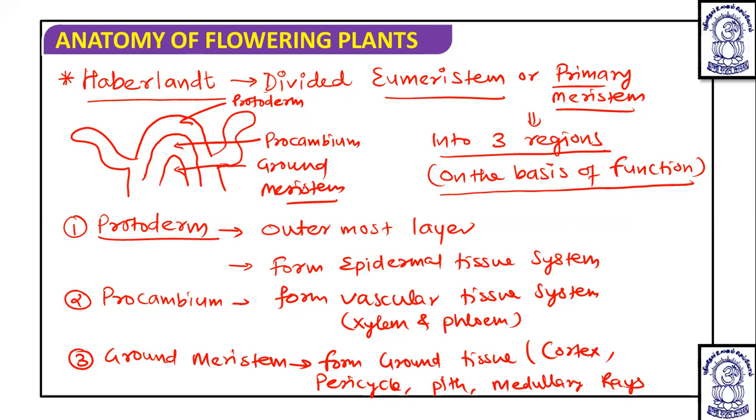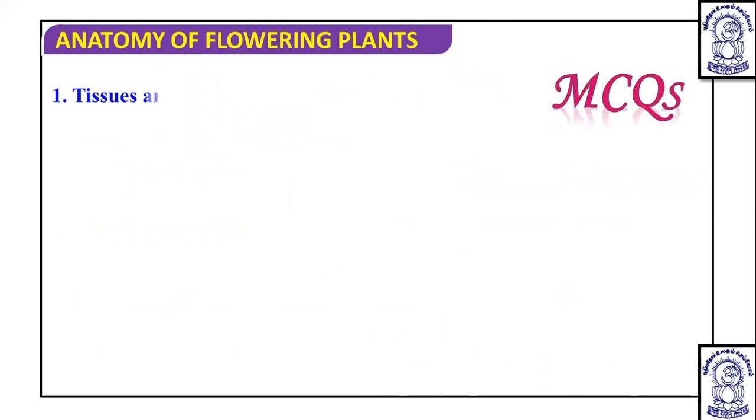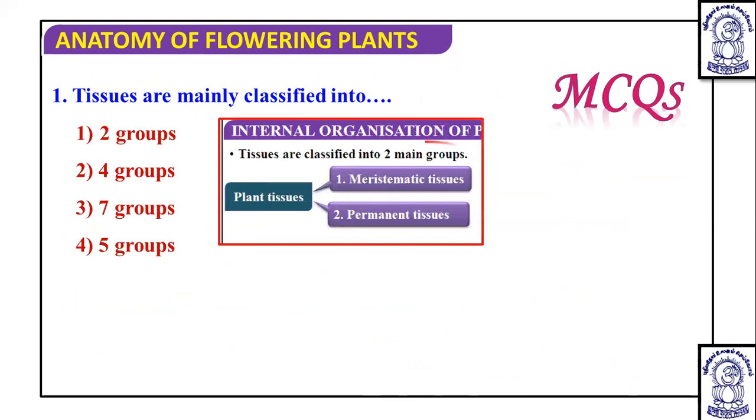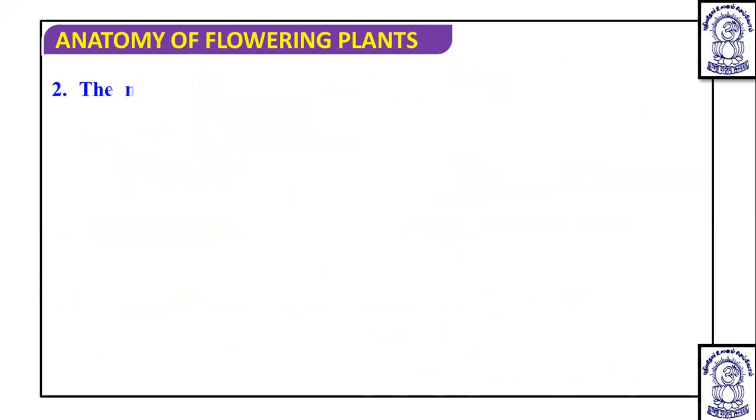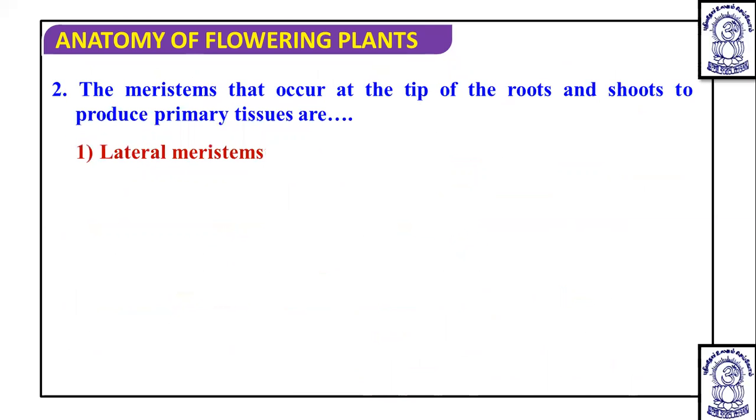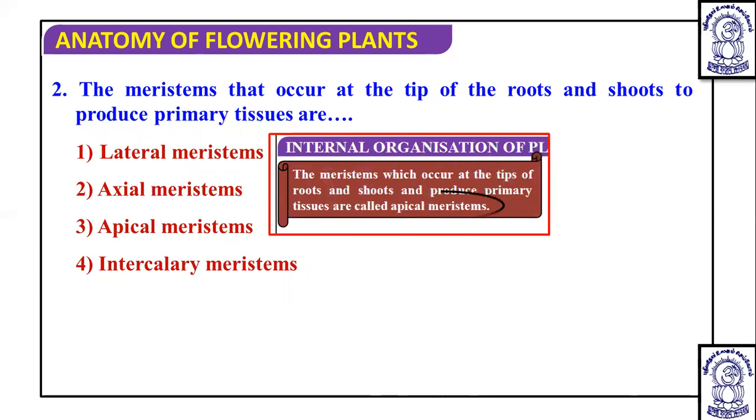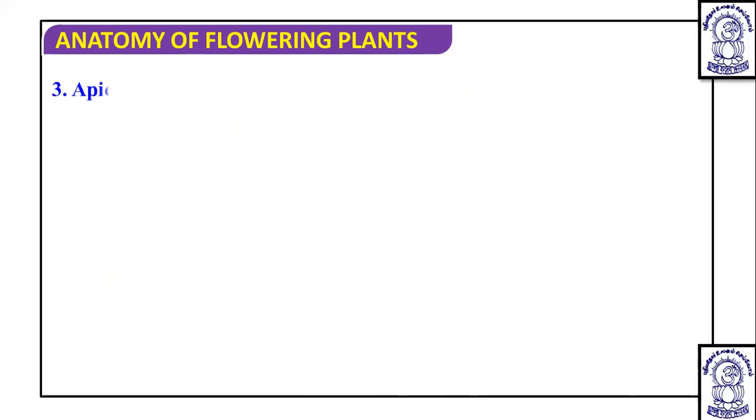So this is all about meristematic tissue. Tissues are mainly classified into two groups, that is meristematic tissue and permanent tissue. The meristems that occur at the tip of the root and shoot to produce primary tissue are known as apical meristems, and they are root apical meristem and shoot apical meristem.